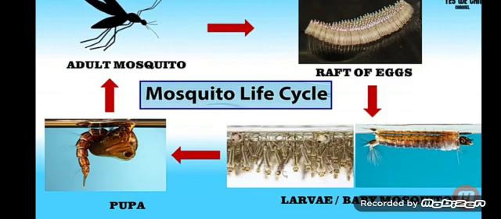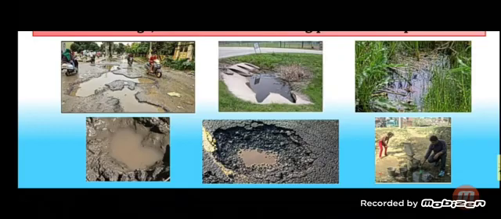So don't let water collect around your house; fill up the pits. Water is locked in pits on the roads and also uneven surfaces in your surroundings, which act as a breeding place for mosquitoes.